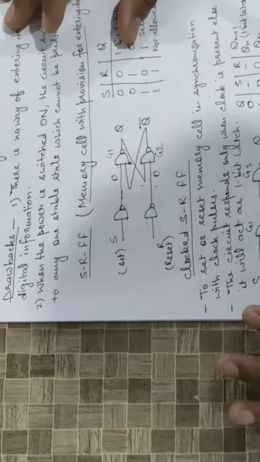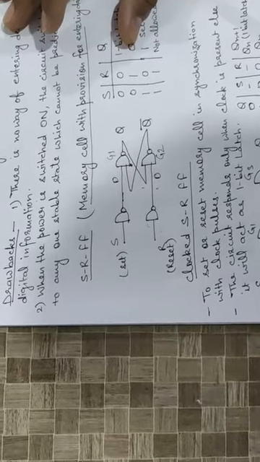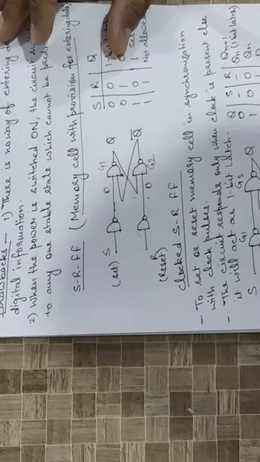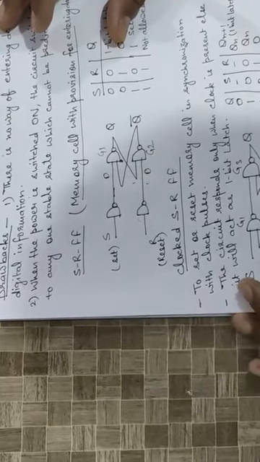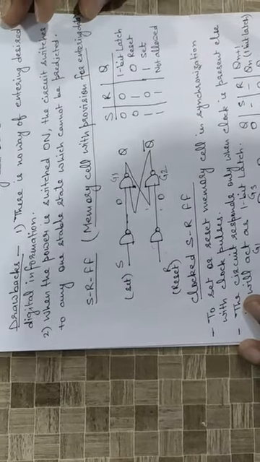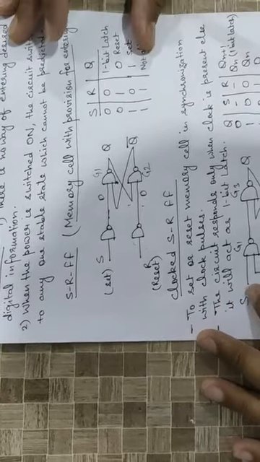You must remember it very clearly for all other topics also: if one of the inputs is 1, the output will depend on the second input, and the input which has the value of 1 will not decide the output. Second, if any one of the inputs is 0, the output will always be equal to 1. If you remember these two things, all these topics are very easy.